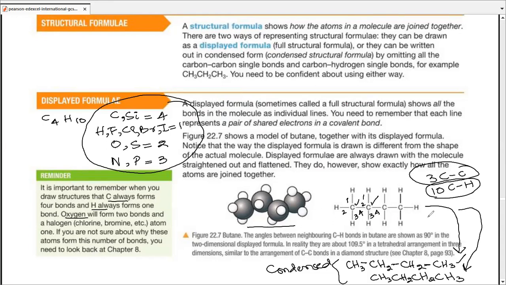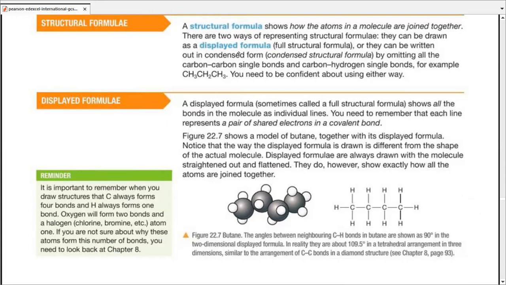If you look at all of the hydrogens, you would find every hydrogen forming 1 bond and every carbon forming 4 bonds, and thus they're stable according to the octet rule we have studied in the covalent bonding chapter, or the duplet rule for hydrogen. Make sense? All right, good.